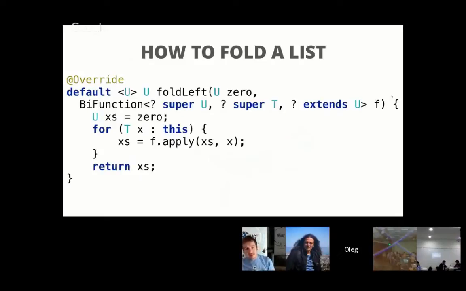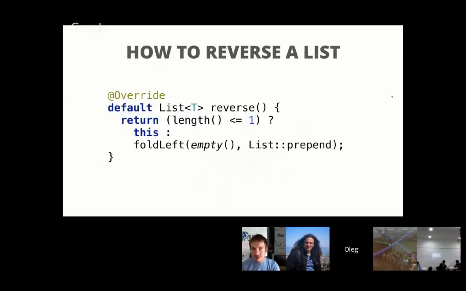But you can fold a list, and the thing to notice is that it has to traverse all the elements. So its execution time will grow with the list size growing as well. If you would like to reverse a list, you would use this fold operation and the existing prepend operation, and you would utilize it like that. So again, you just create new lists, and then you traverse the list and you start building it from behind using the prepend operation.